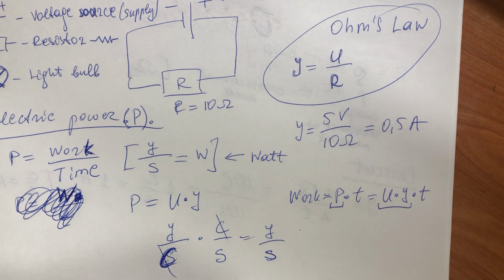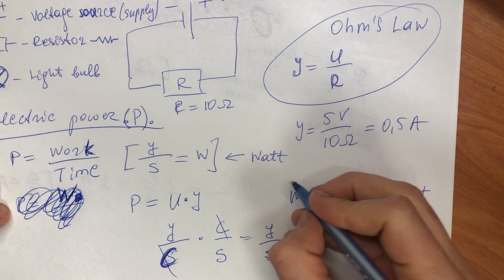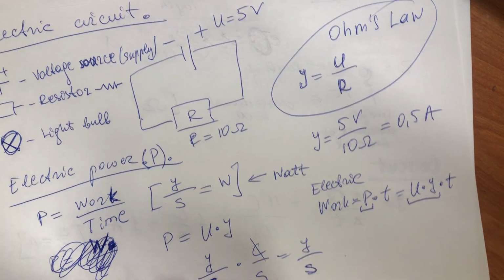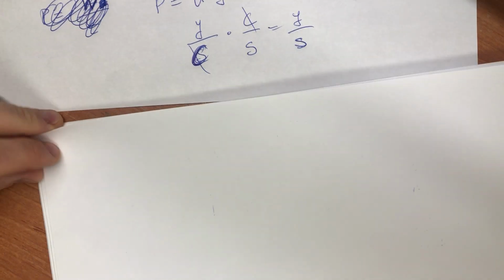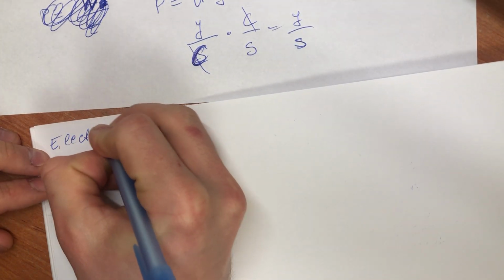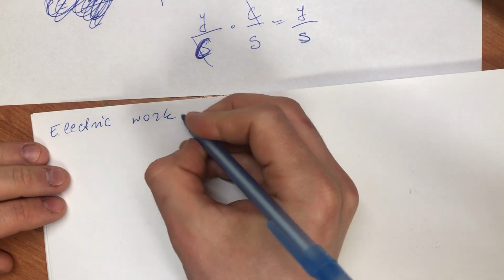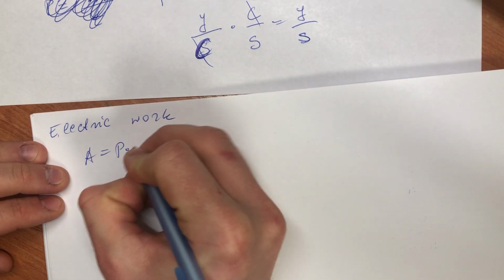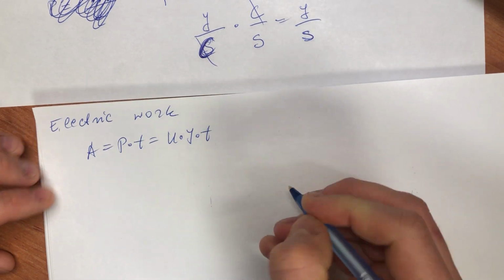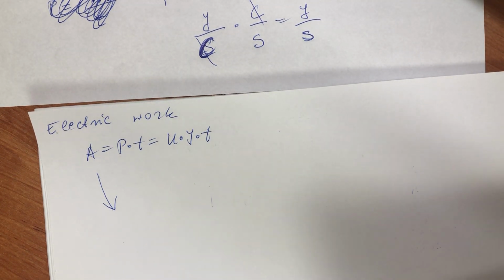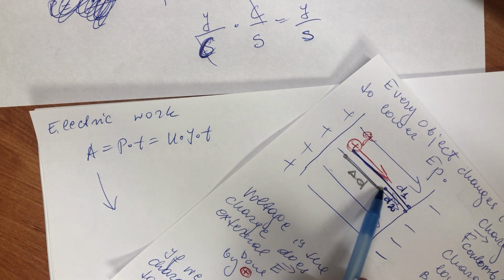So why is electric power important? Because this electric work, A, is P times T, or equal to U times I times T, and it can be turned into various things. Remember, the electron was traveling in the electric field of the battery and producing work.